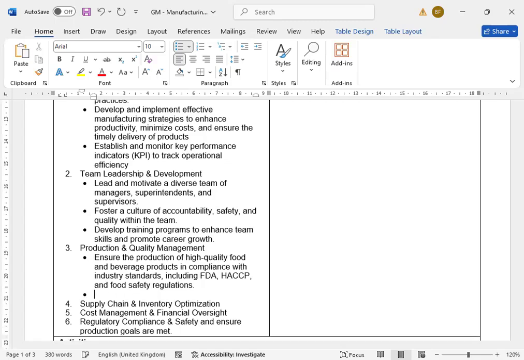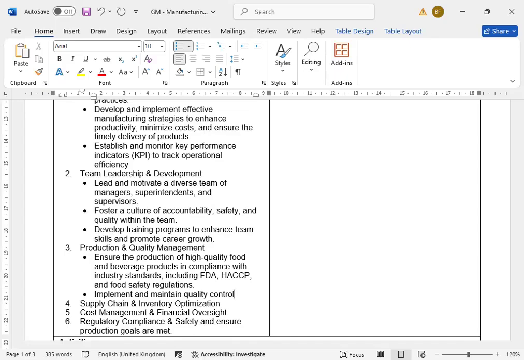Then the next one would be implement and maintain quality control. Some companies call it QC or QA, quality control or quality assurance.